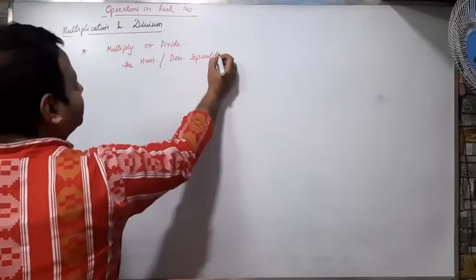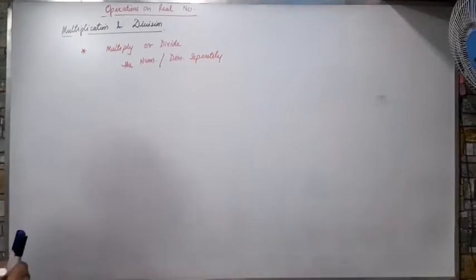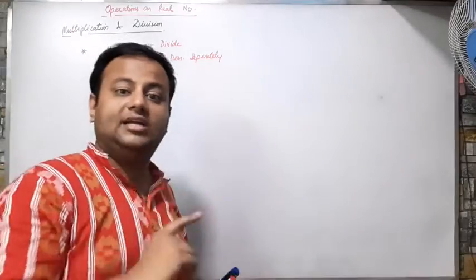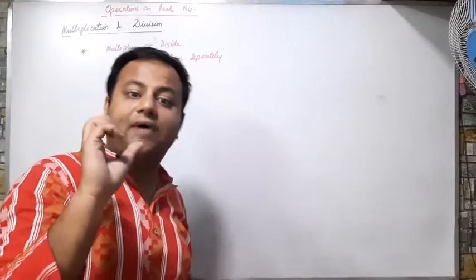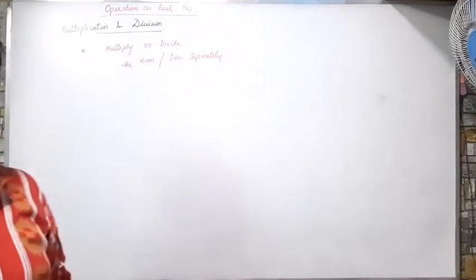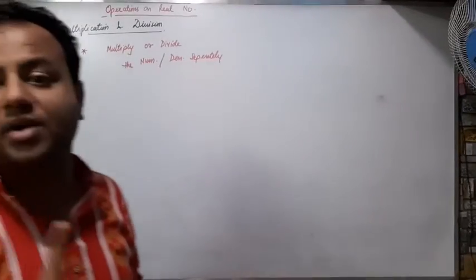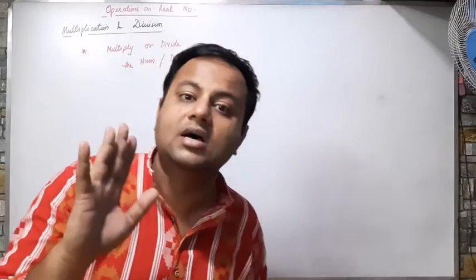Here both the numerators and denominators are concerned, but in addition and subtraction I have to find the LCM of the denominators, but I have to add or subtract only the numerators. The denominator must not be added or subtracted.